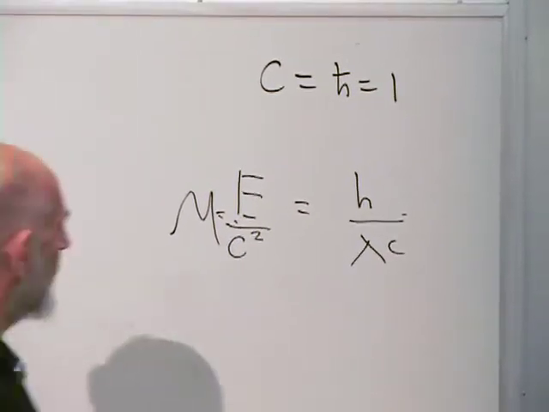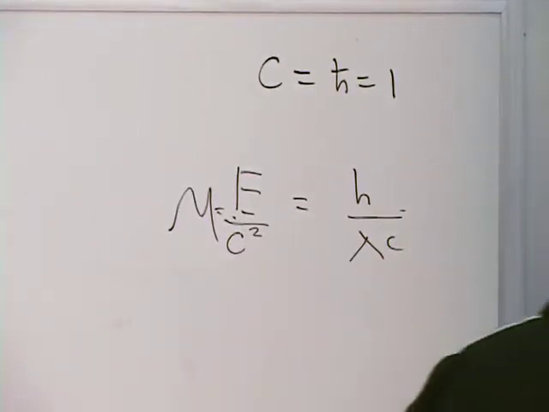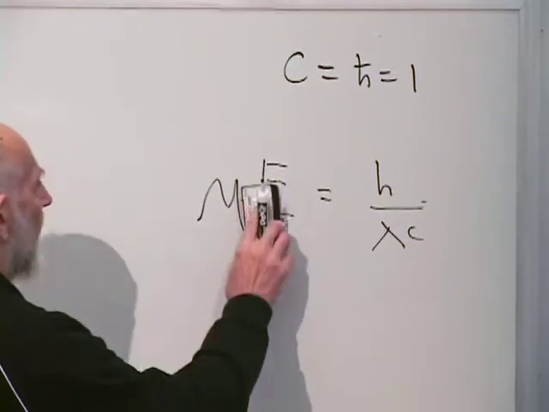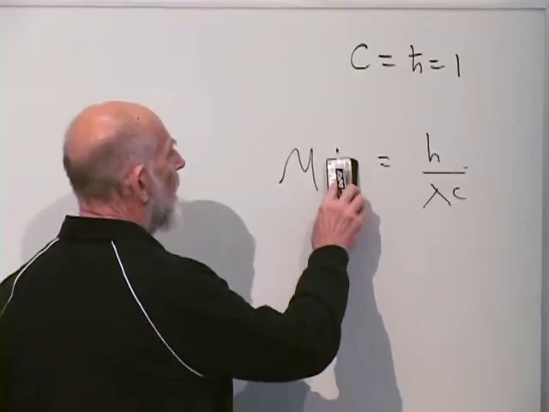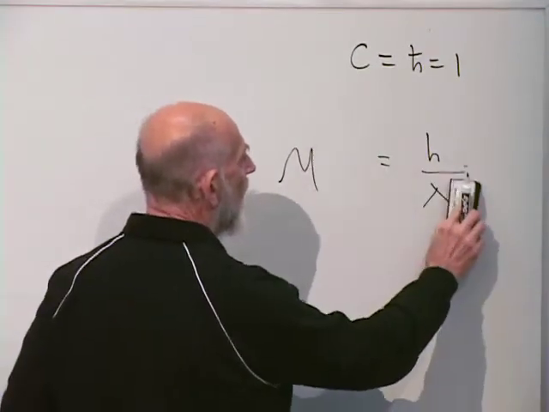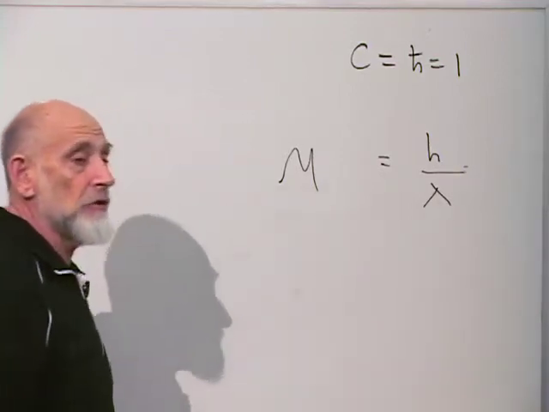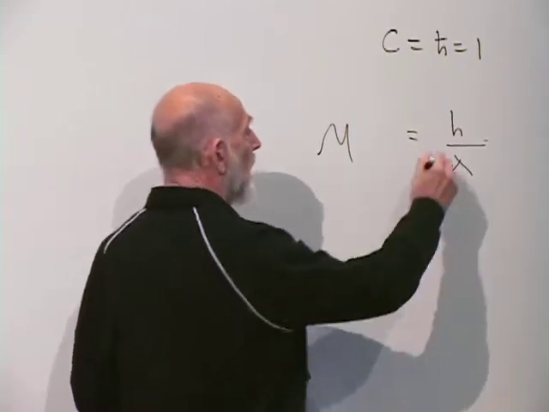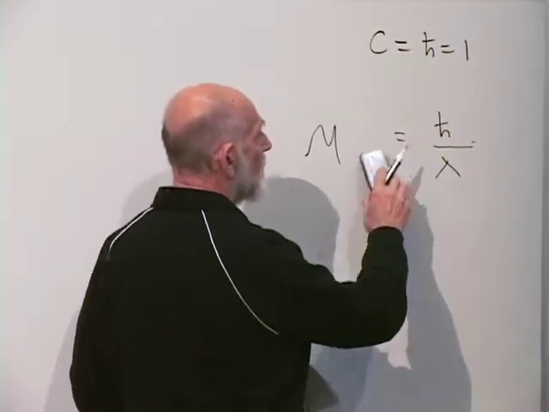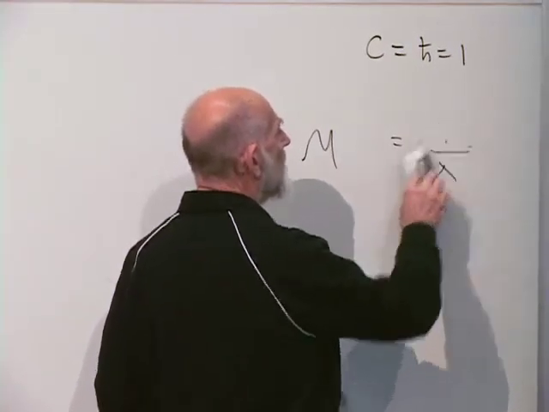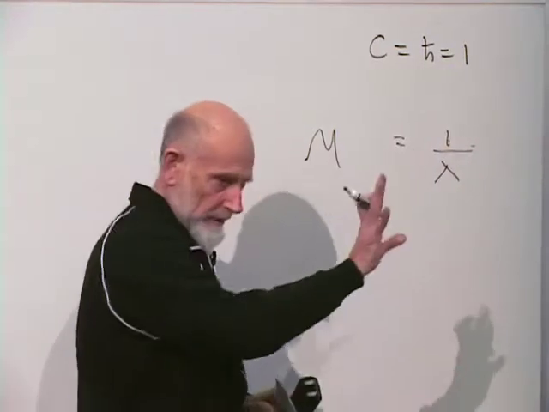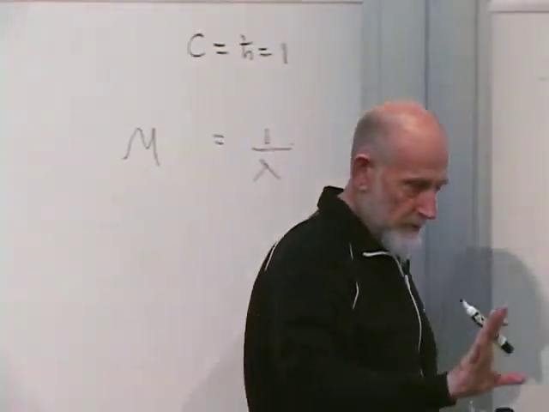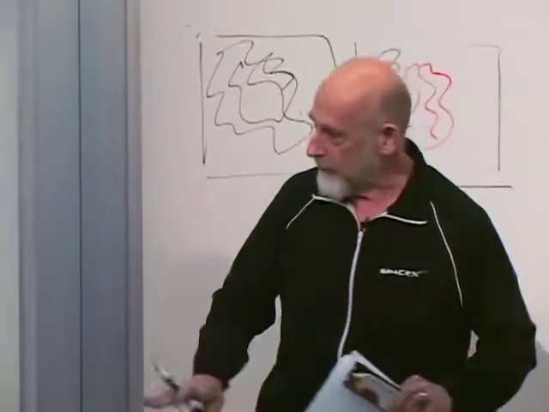So the only point of this was to say the units of mass, when we set c equal to 1, are the same as the units of Planck's constant over length. But if we also set Planck's constant equal to 1, then the units of mass are 1 over length. So keep that in mind. Mass is 1 over length, unit-wise. Okay?